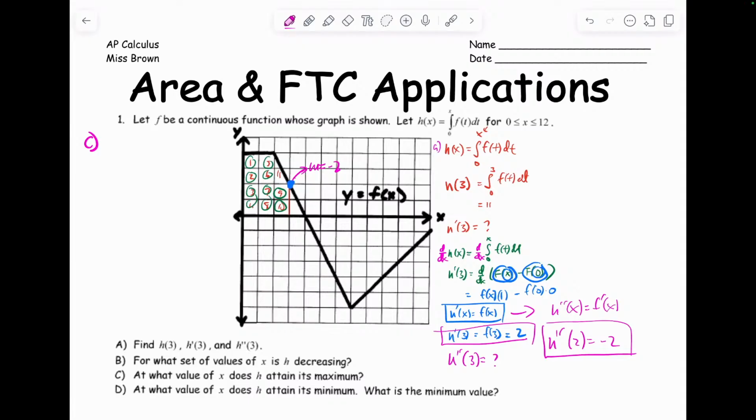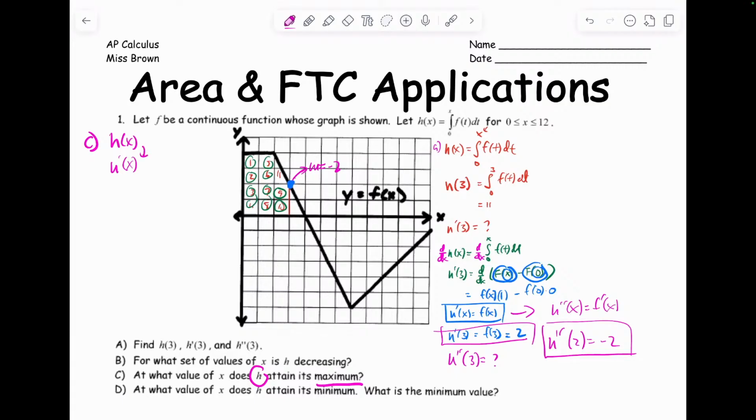So h of x, the subject here is h, right? They say h attains a maximum. So in order to find where h attains a maximum, I need to take a derivative of that. From the derivative, I'm looking at increasing and decreasing, so I'm looking at h prime, right?